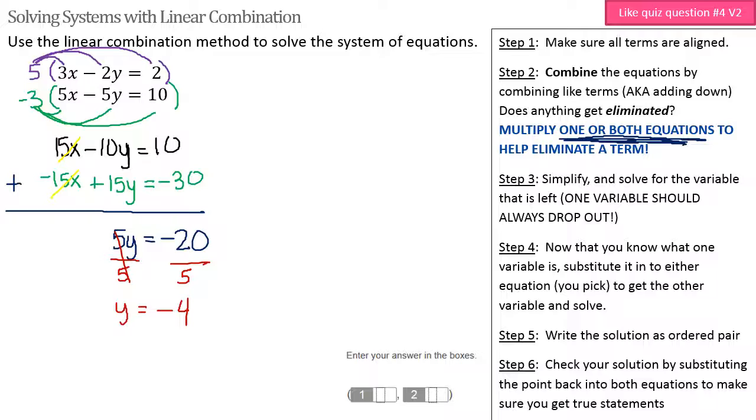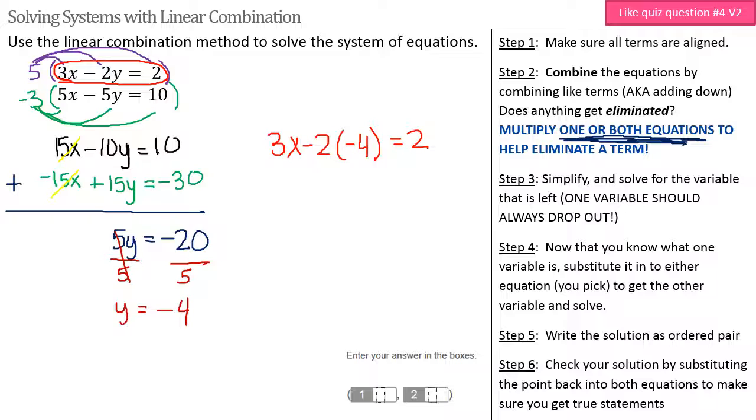Now we can substitute what y is equal to into either one of the original equations. I'm going to choose the top equation just because the numbers are smaller. You could also do the bottom and you get the same solution. Wherever we see y, we'll replace it with negative 4, which allows us to solve for x.